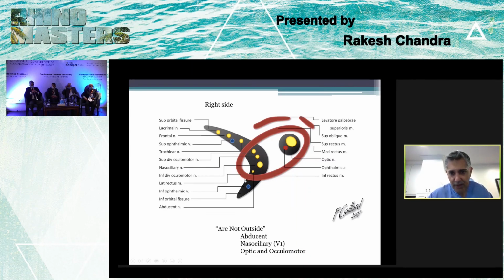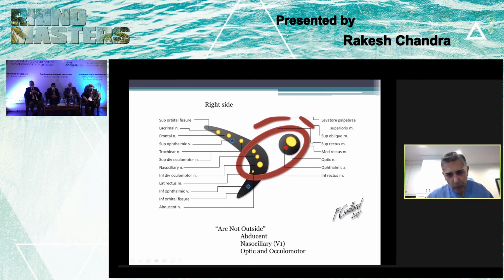This is a schematic on the right side of the optic nerve and the ophthalmic artery that courses with it, which fortunately usually is not situated medial, but either inferior or lateral.